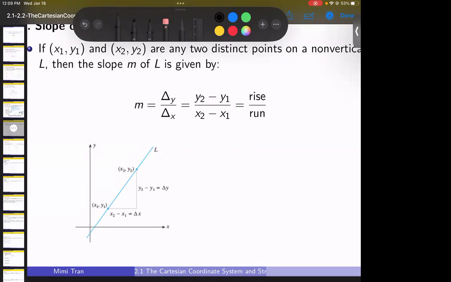Now, where do I get this y2 minus y1 from? Let's take a look at the numerator. Y2 is the height, right? Y1, here it is. That is my y2, the height of the function. Y1 is this height.